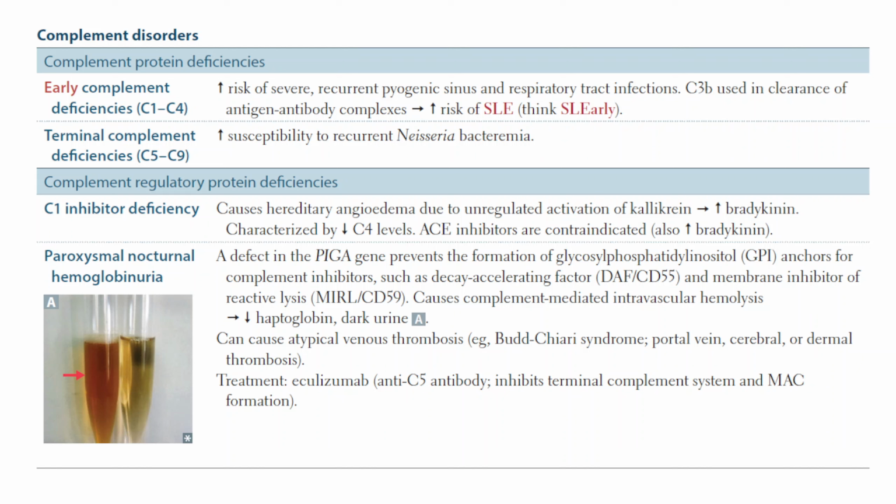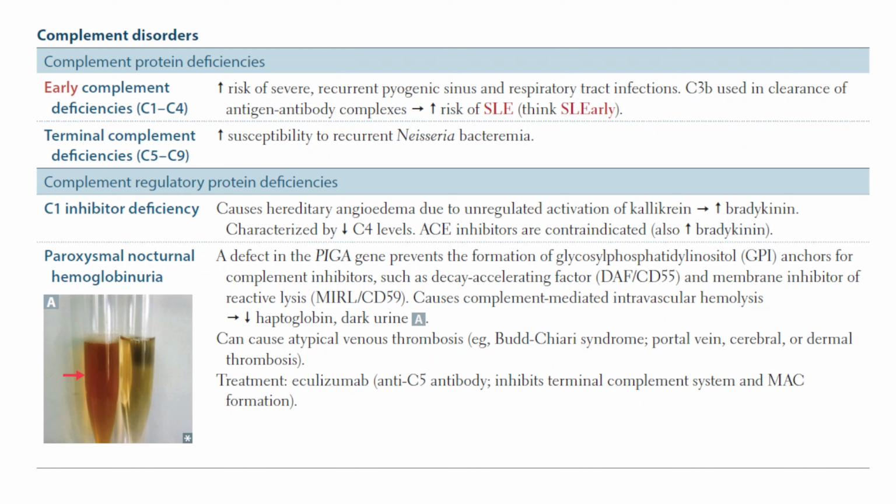Again, in paroxysmal nocturnal hemoglobinuria there's a defect in the PIGA gene. Let me do a correction: there's no PICA gene, it's PIGA, with a G. The PIGA gene is important for the biosynthesis of glycosylphosphatidylinositol, or GPI anchors.